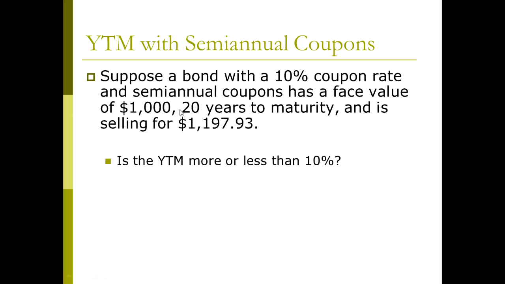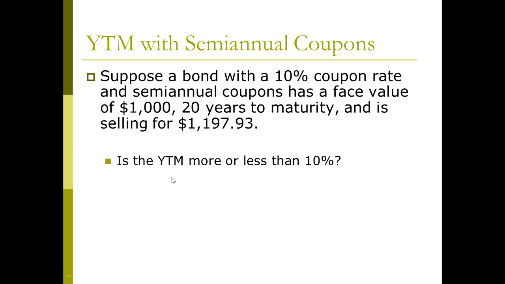So another example. Now we have semi-annual coupon payments. Again, 10% coupon rate, face $1,000, 20 years maturity. Now it's selling at a premium, $1,197.